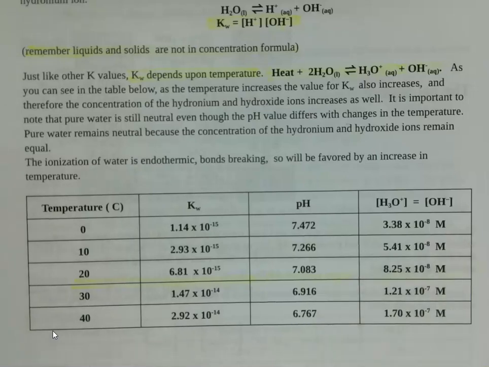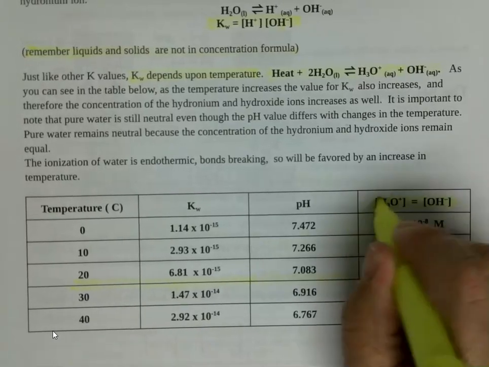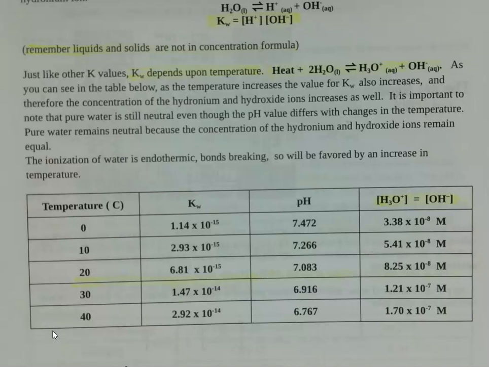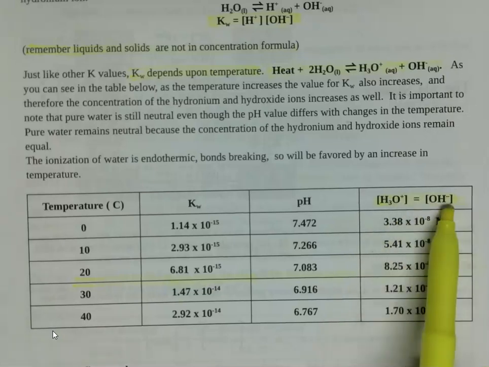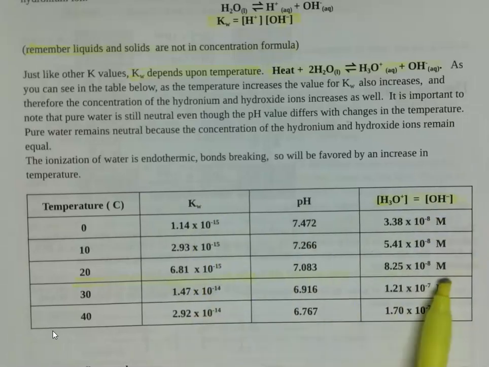But the thing that is true no matter what, and this is one of the big takeaways I want you to have, is that no matter what temperature it is, the concentration of your hydronium ion is always going to equal the concentration of your hydroxide ion, and it doesn't matter at what temperature. Those two concentrations will always be equal to each other at your KW, at your temperature.